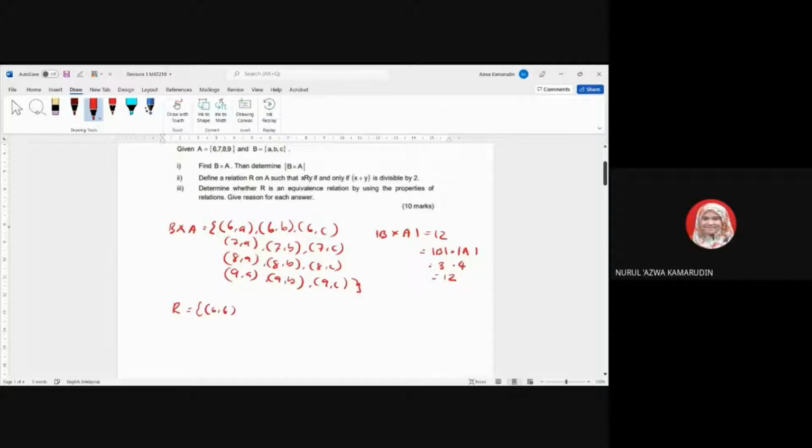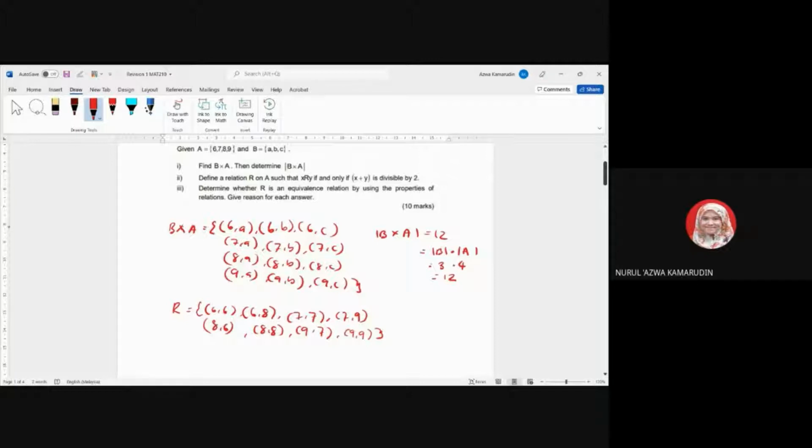So 6, 8, 7, 9, 8, 6, 8, 8, 9, 7, 9, 9. Kalau macam 6, 7 dapat 13, tak boleh bagi 2. So these are all relation on A that satisfy divisible by 2.